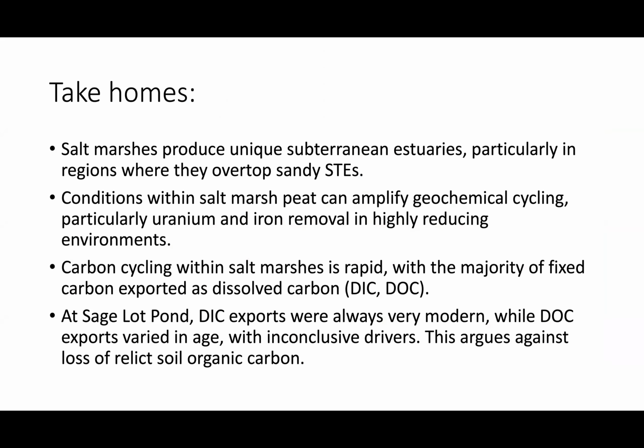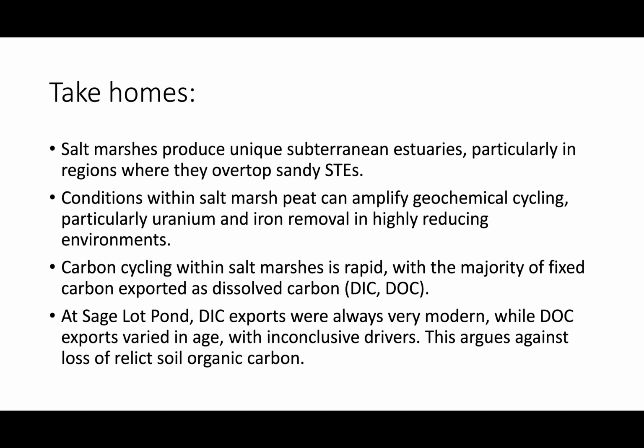So take homes from that whirlwind trip through this subterranean estuary with peat on it: this combination of peat on top of sand really produces some unique geochemistry, especially given the interactions and the flow rates.